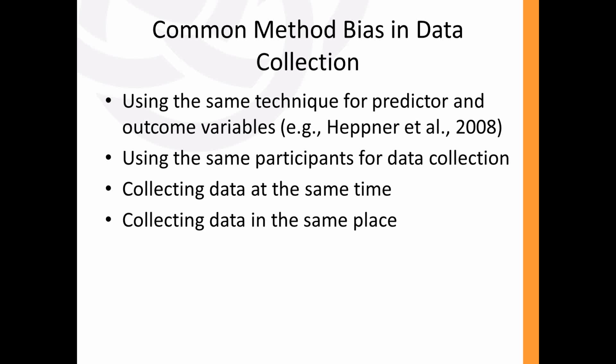What's important to note is that if you're using these sort of common methods, they can actually account for up to 40 to 80% of a correlation. So it's not necessarily the case that you found a correlation between two variables. It's that you've actually gotten people to get into a mode of responding where they're just kind of agreeing or strongly agreeing with all the items regardless of what's being asked.